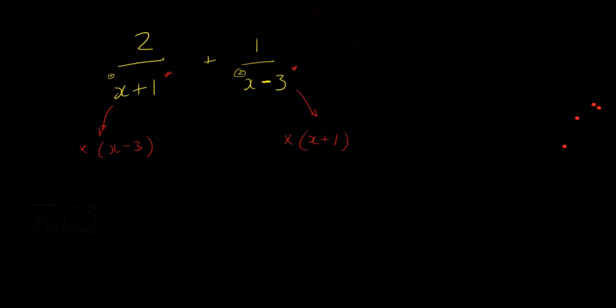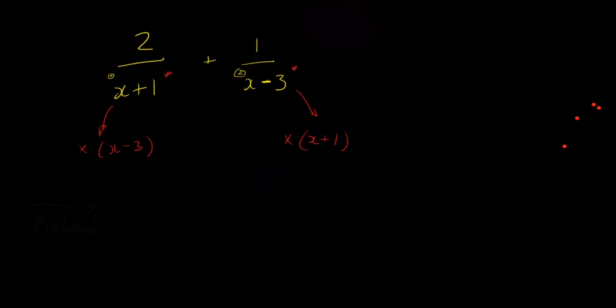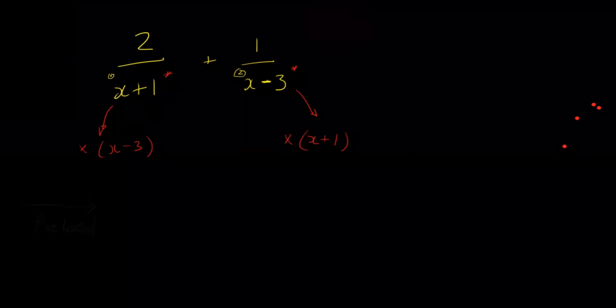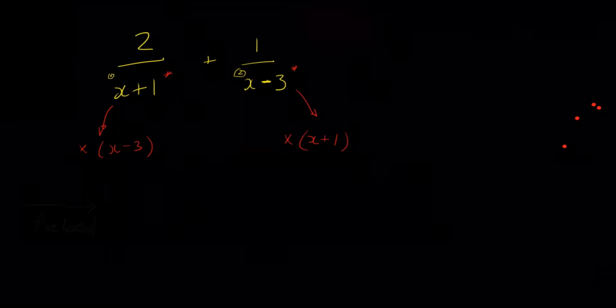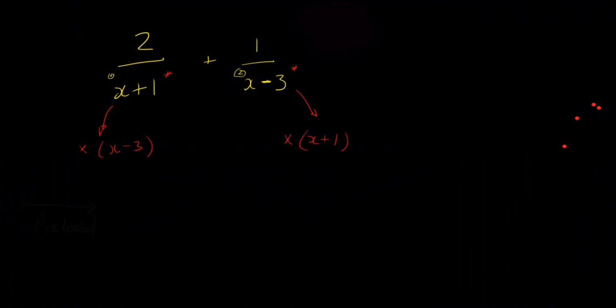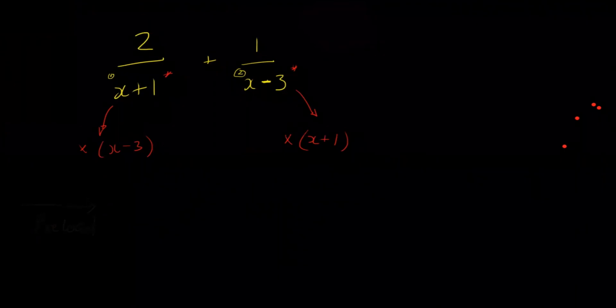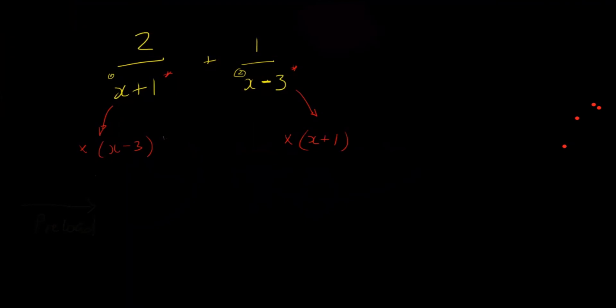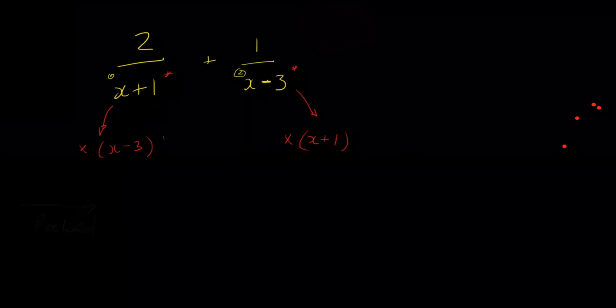I'm going to rub this bit out in a minute, so be careful. I'm just showing you the bottom. It would be that multiplied by x plus 1, and this one will be x minus 3.